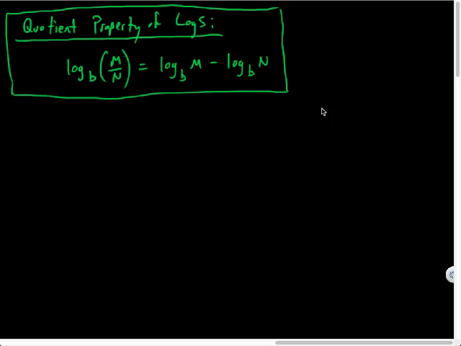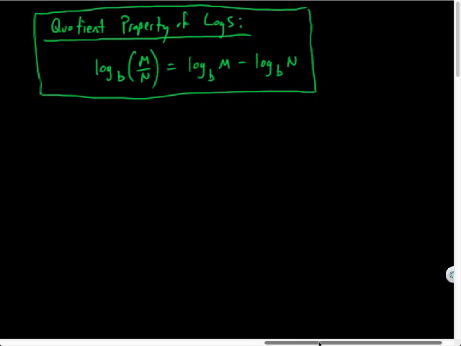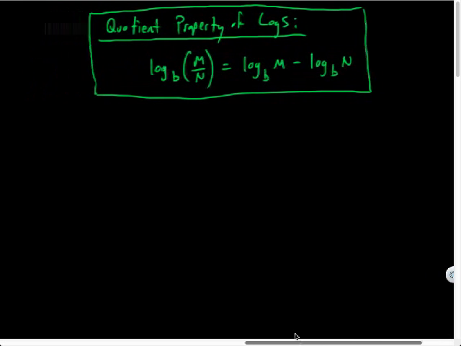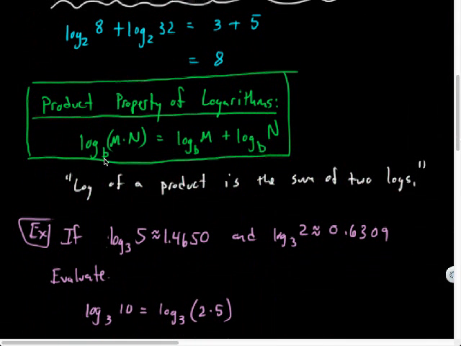So the symmetry that I was talking about in terms of the properties of exponents, I think the quotient property and the product property are very similar to exponents. I'll come back to that in a second if you're still writing it down. Notice this one, the log of a product is equal to the sum of 2 logs.